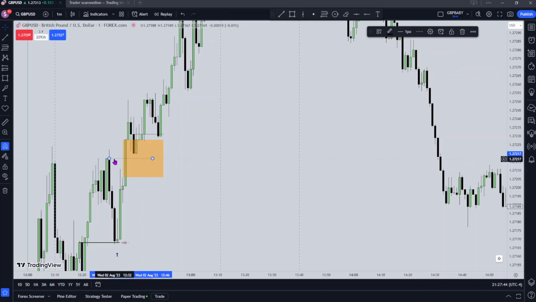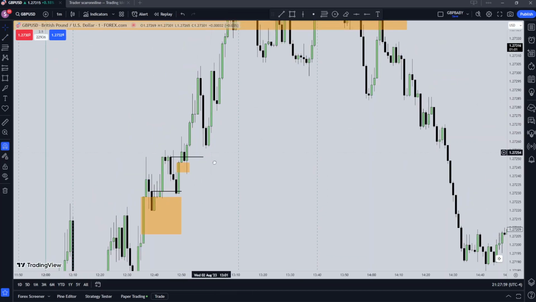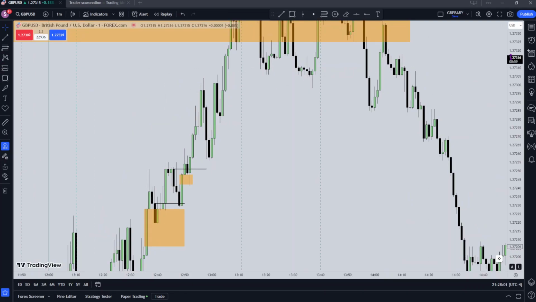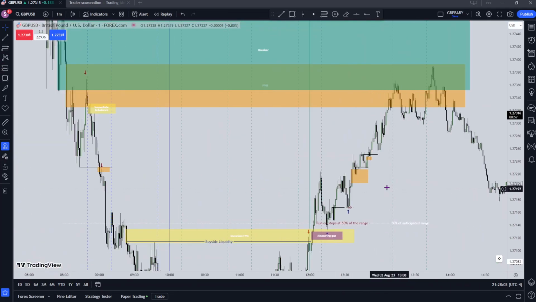Every time I draw out these lines, guys, I'm just delineating bullish order blocks, because it's really interesting to see how they stack. And then I'll take off my stops above.